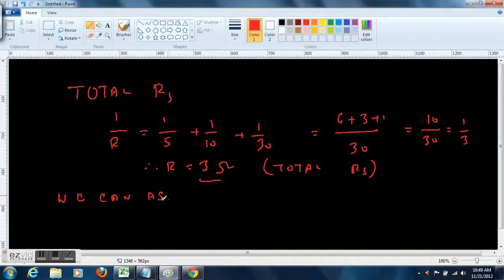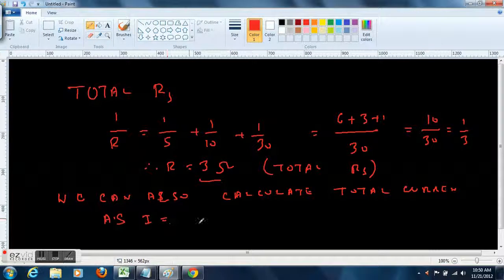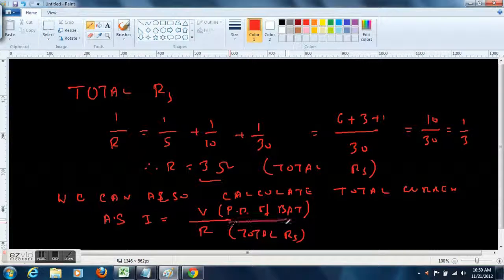We can calculate the total current as I equals the potential difference of the battery divided by the total resistance. The potential difference of the battery was 12 volt and the total resistance was 3 ohm, so it equals 4 ampere.